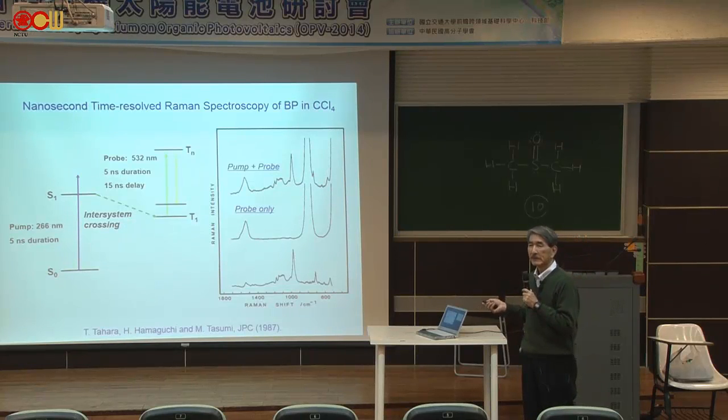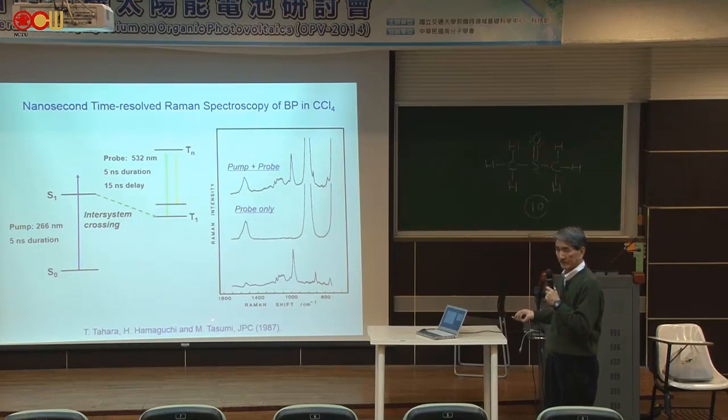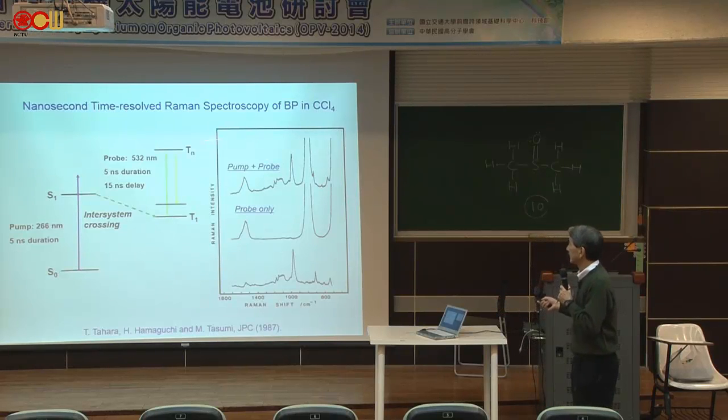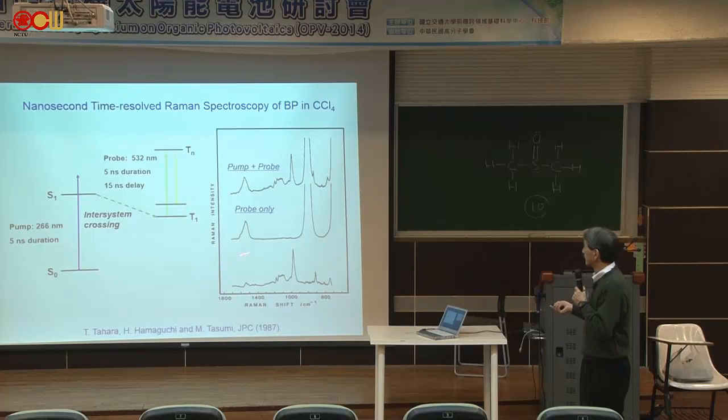So there is a resonance Raman effect occurring, and the Raman cross-section is 10 to the third or 10 to the fourth times higher. Then you see the Raman spectrum. Sometimes it is called time-resolved resonance Raman spectroscopy, or TR3. But anyway, we observe the triplet excited state of benzophenone like that. So how do we interpret this one?